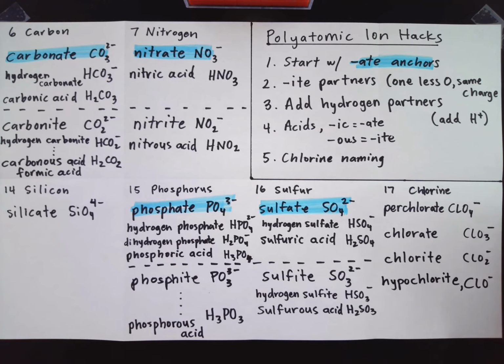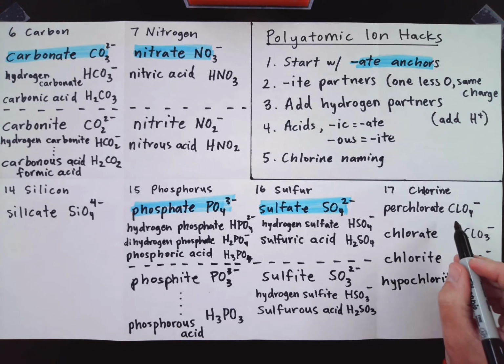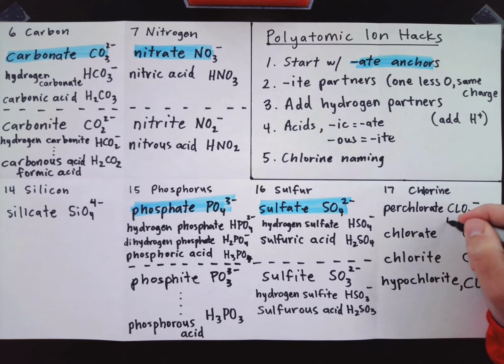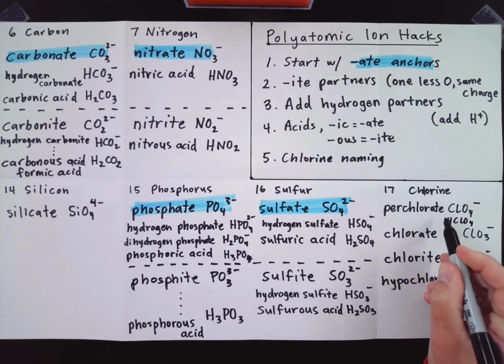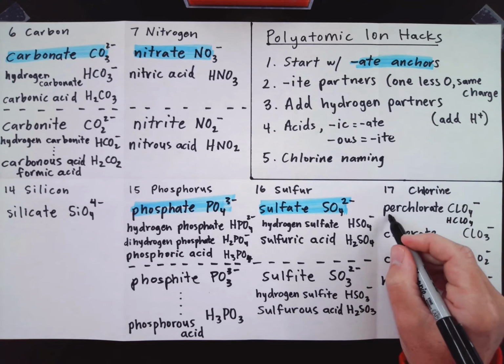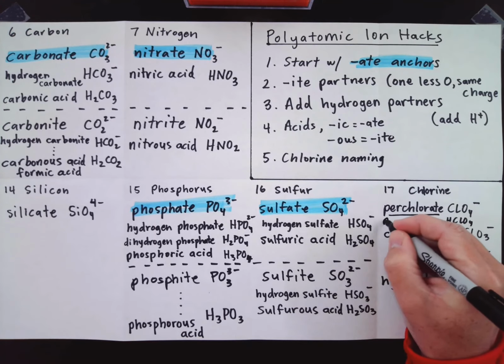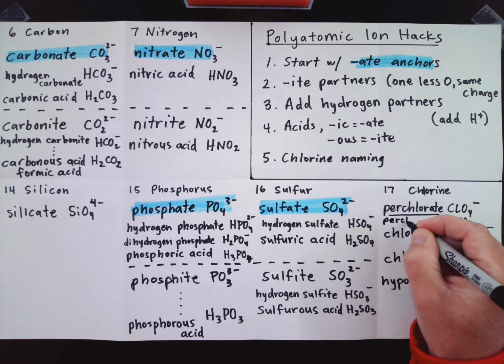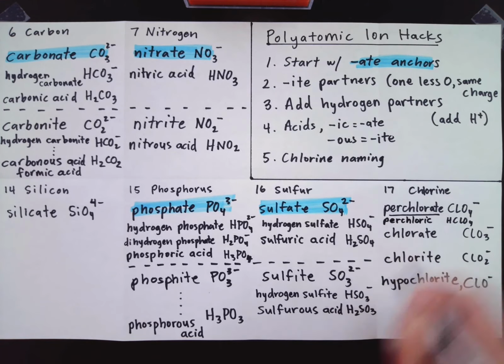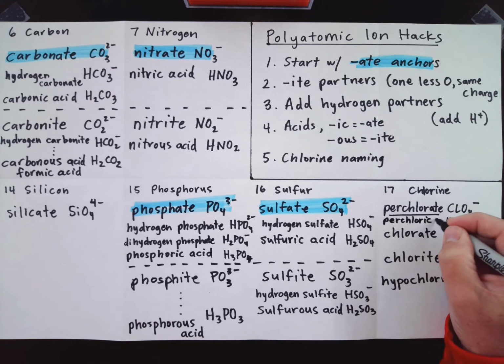And then the last thing I might do is figure out what these would be named as acids. I haven't given myself a lot of room, but if I add an H to this, HClO4, it has an ate ending. That is perchloric acid. I'll just put A, period.